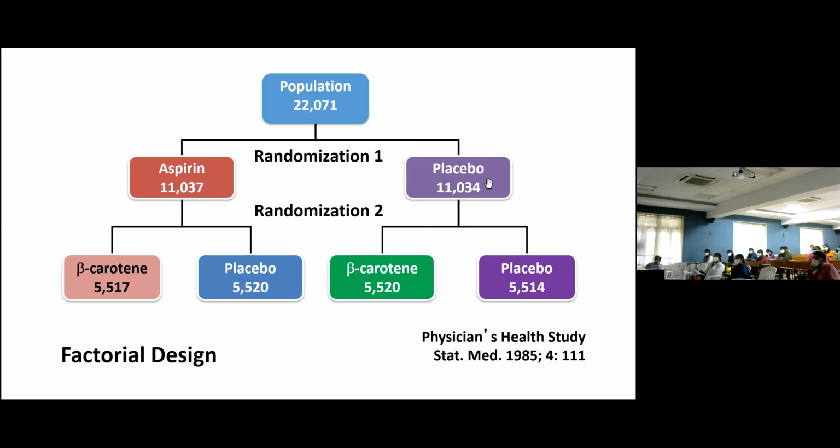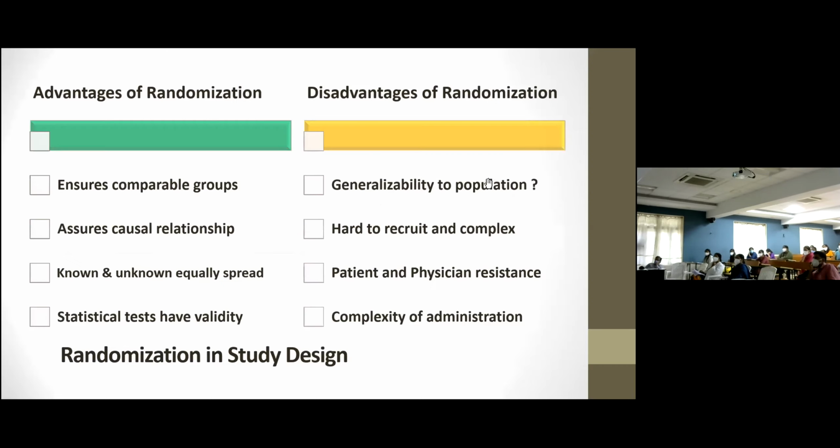This trial proved that adding beta carotene does not do any better whether you are given aspirin or placebo, so beta carotene is no longer used. We only use aspirin. Aspirin is much better than placebo in that particular population for secondary prevention of coronary artery disease. This is the actual study that happened, and this is a factorial design.